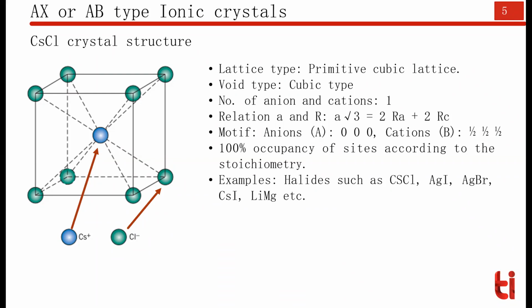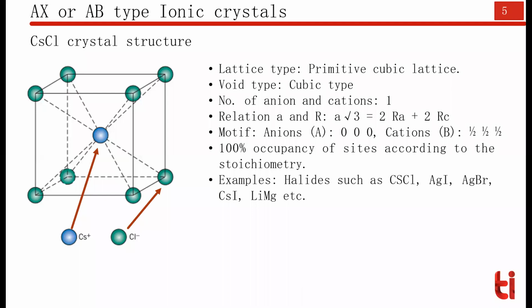Why? Because while computing the anion to cation ratio, you should compute the effective number of atoms. There are 8 atoms at the corners. All of them are Cl minus atoms, but their effective contribution is only 1/8. So the effective number of anions and cations in the unit cell is equal to 1.